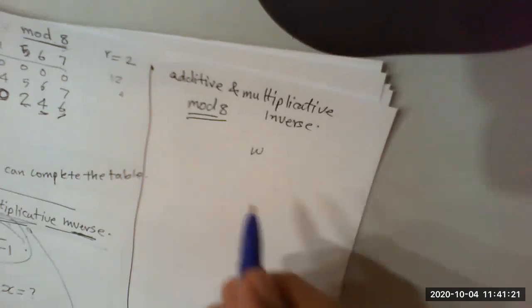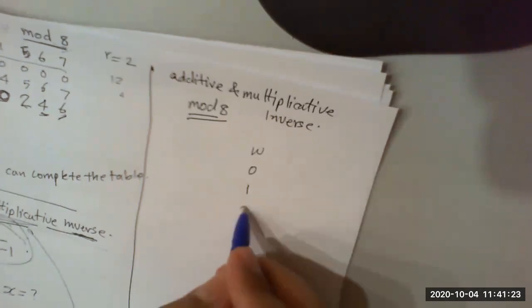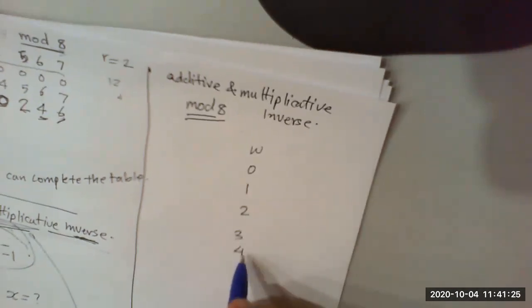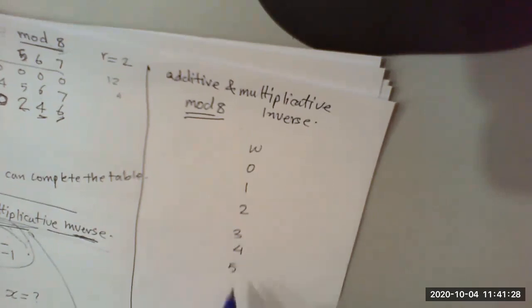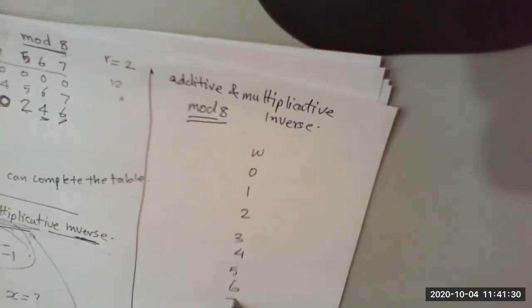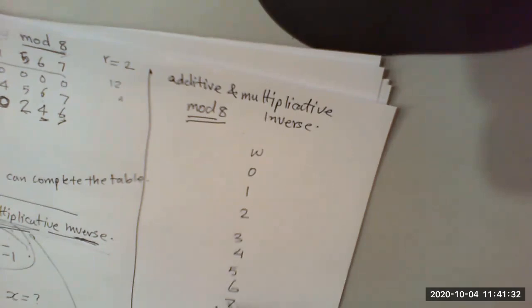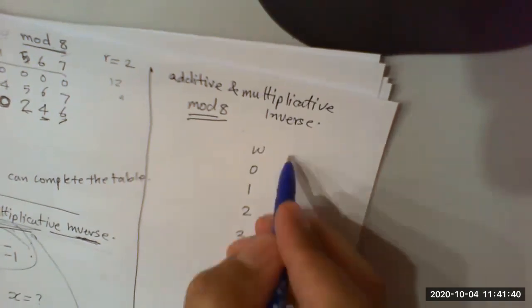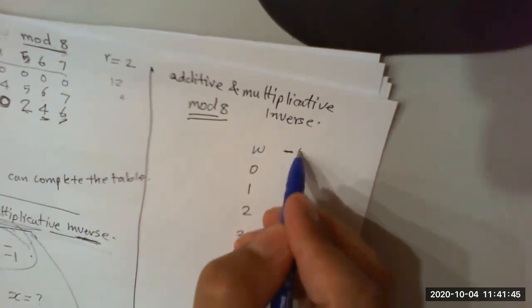So the values are 0, 1, 2, 3, 4, 5, 6, 7. And what about the W, the -1, the -W?